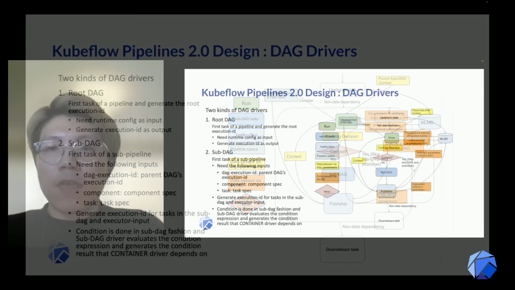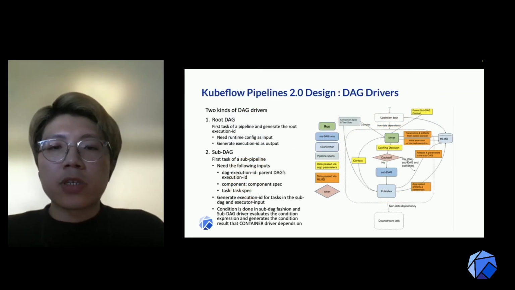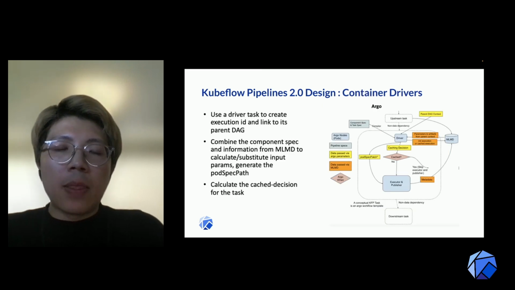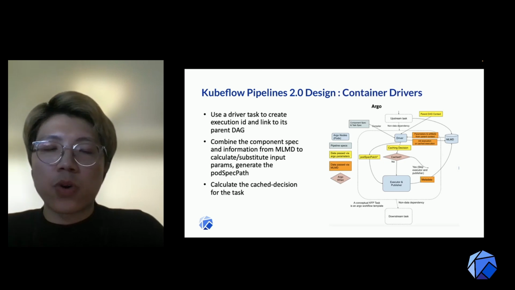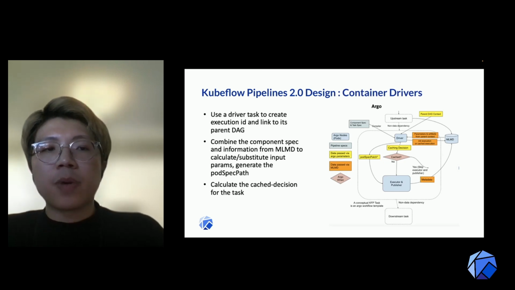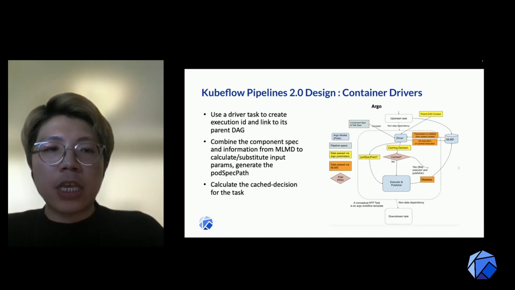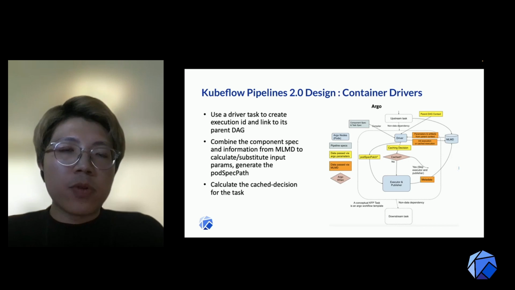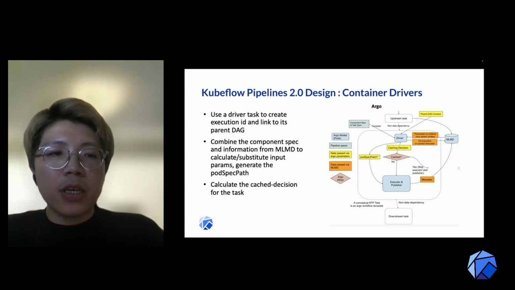And there's a second level of the driver. Once you get into a sub-pipeline, you will have each individual component that needs to run. All those individual components leverage the concept of a container driver, which basically creates an execution ID and links to its parent DAG. Then the execution ID is used to retrieve parameters and artifact information from MLMD, to either calculate or substitute input parameters.